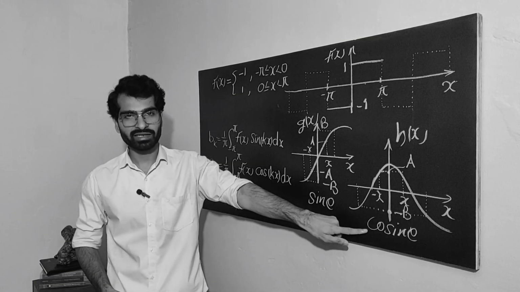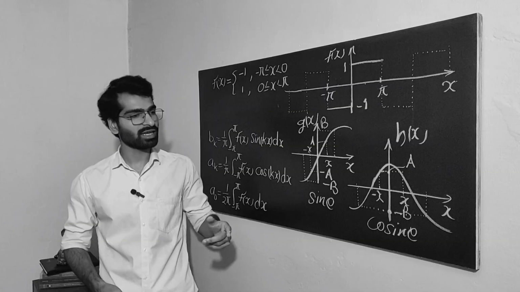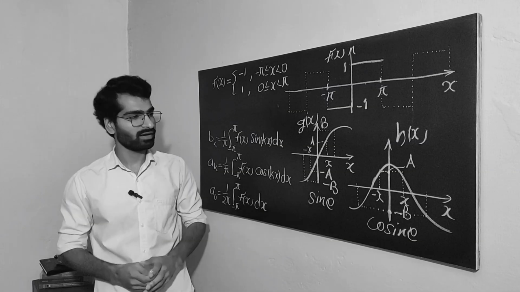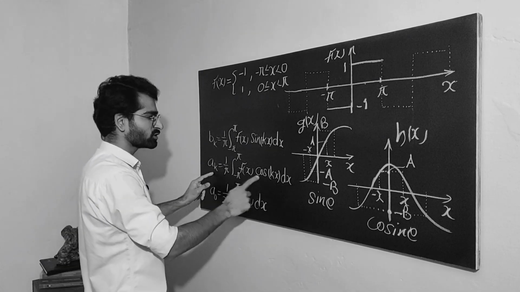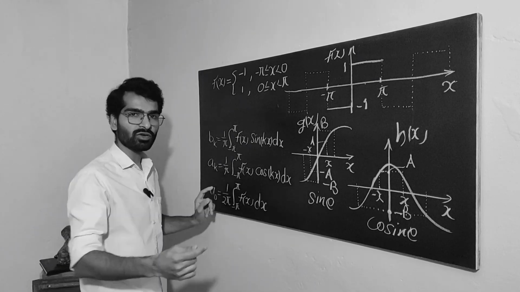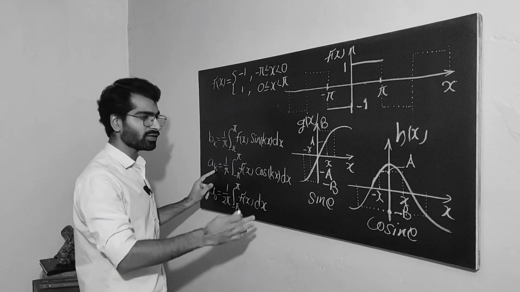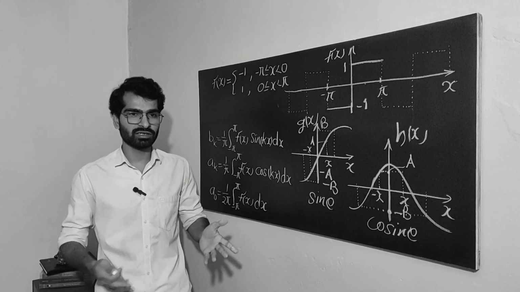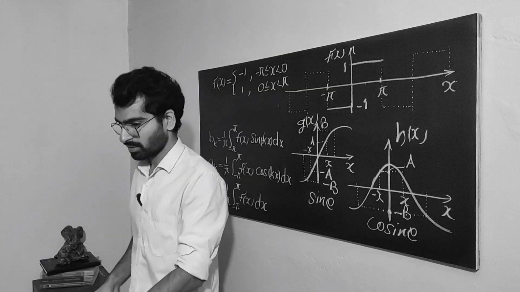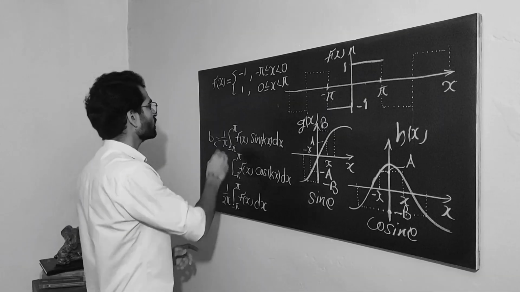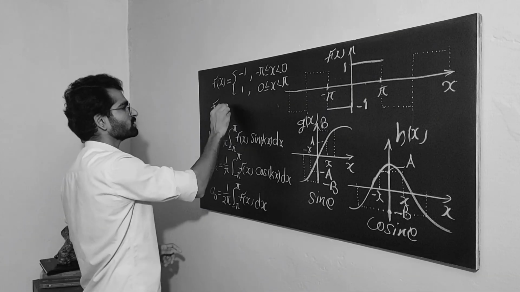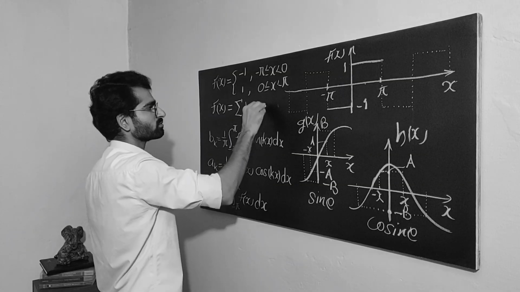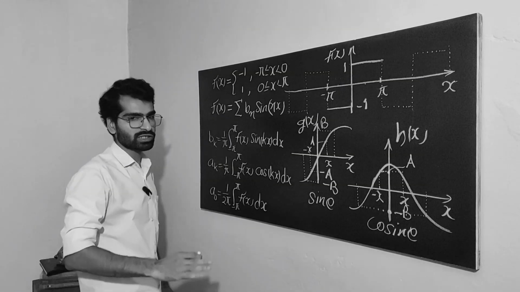There will be no cosines because cosines are even. This integral will show that the AKs will be 0, the amplitudes for all the cosines in the series will be 0. So the Fourier series for my function will only contain sine waves, no cosines at all.